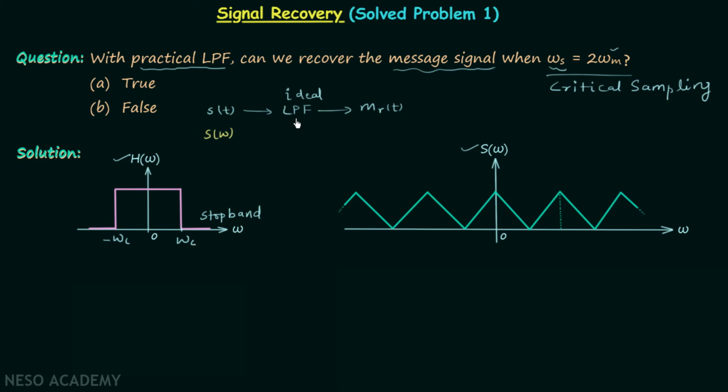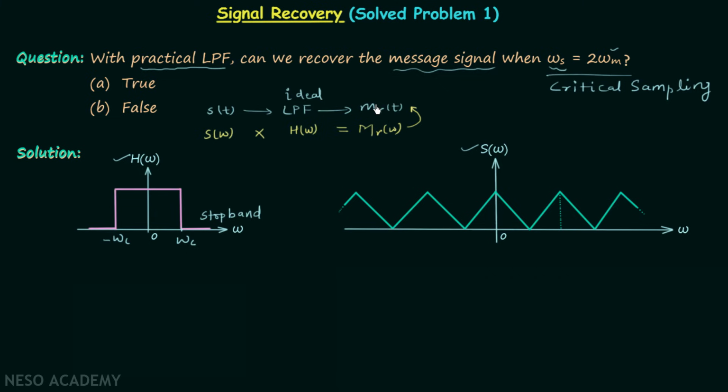We have knowledge of S(omega) and H(omega). This means we have knowledge of the input signal's Fourier transform and the system's frequency response. So if we multiply them, we will get the output signal's Fourier transform M_r(omega), and if we have M_r(omega), we can perform the inverse Fourier transform to get m_r(t).